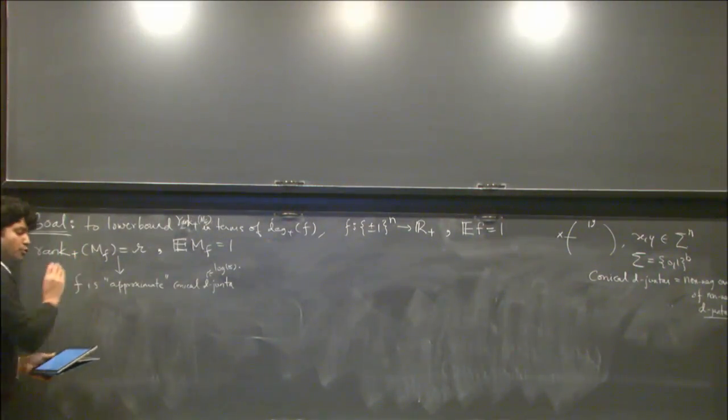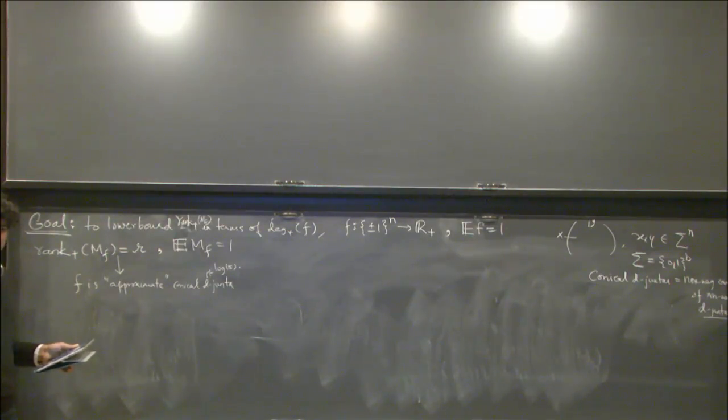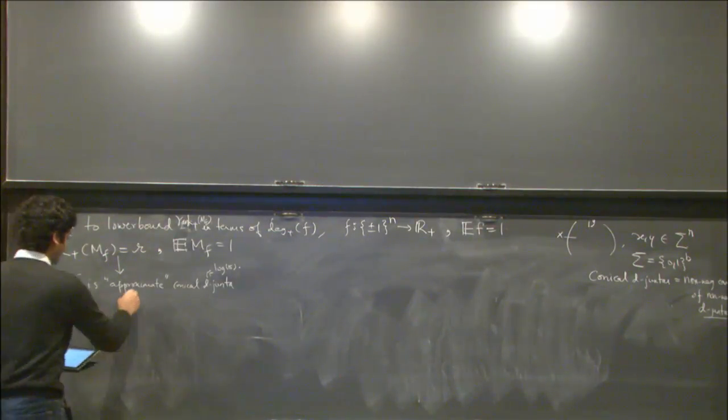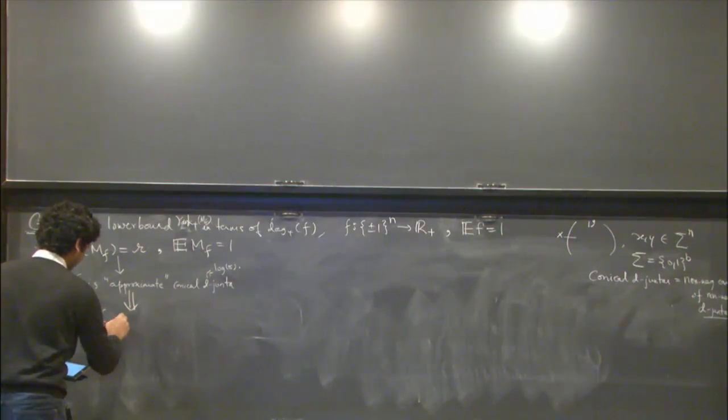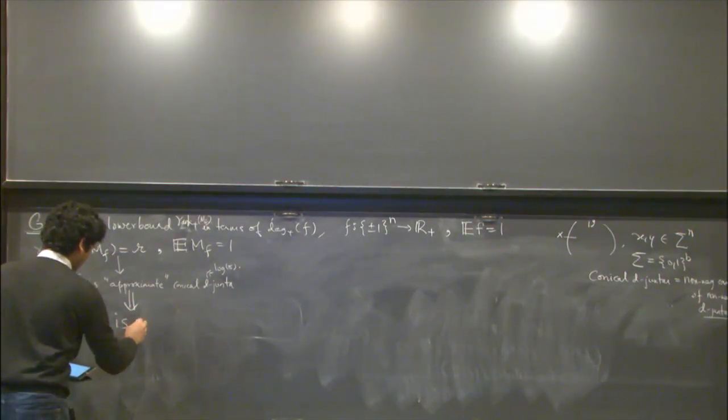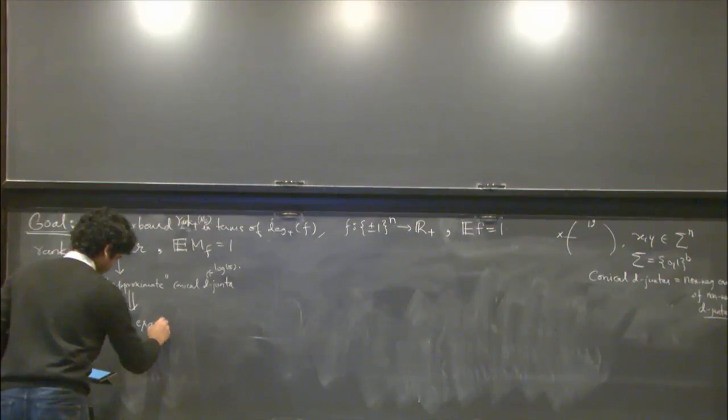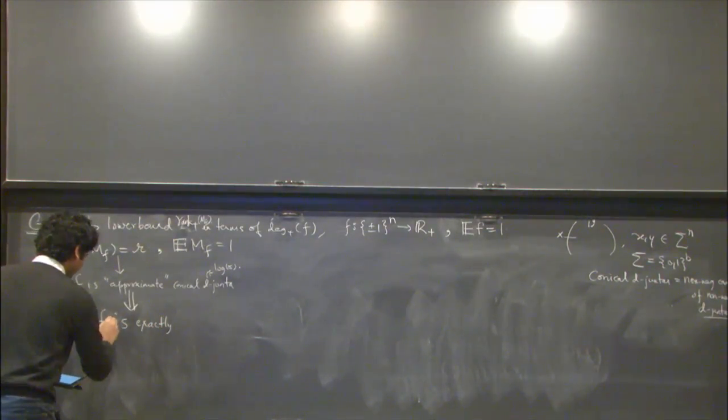Okay, so I'll first show you that f is approximately a conical d junta. From here, I'll go to f plus some shift.